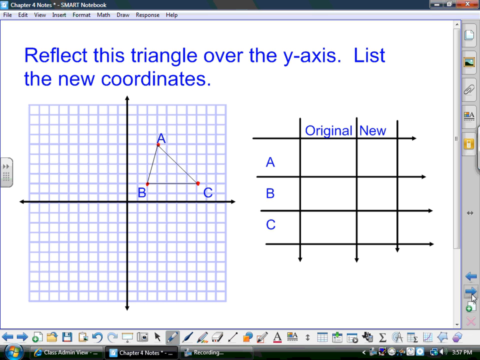What we're going to do on a problem like this is start by figuring out what's the ordered pair for the original points. So in my table, I have a place to write the ordered pair for point A, point B, and point C. Point A has coordinates 3 comma 6.